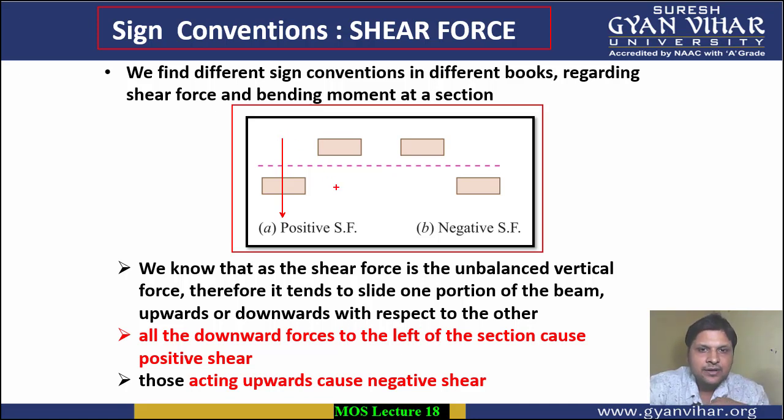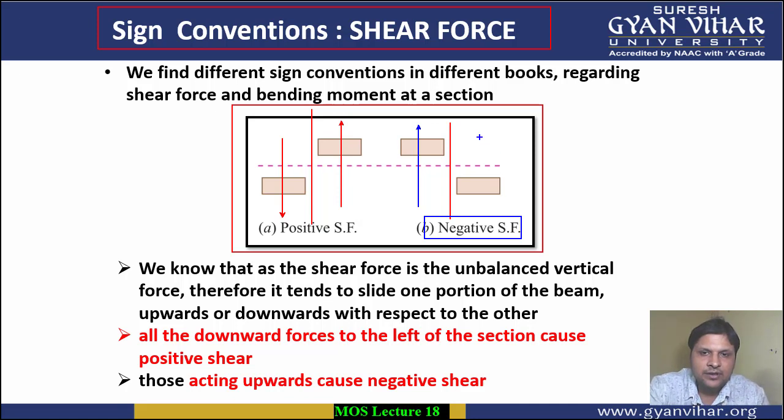All right, and if we are considering the right section, then in that case those forces going upward will be considered as positive. So you should always keep in mind that if you are considering the left portion of the section, then the forces going downwards will be considered as positive, whereas the forces going upwards will be considered as negative.